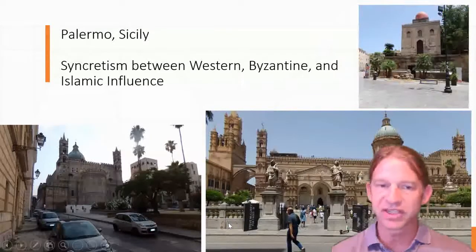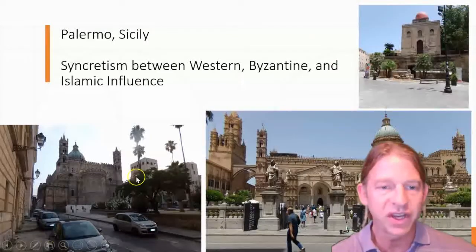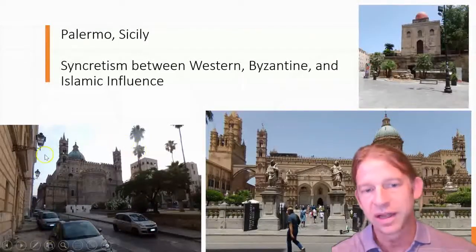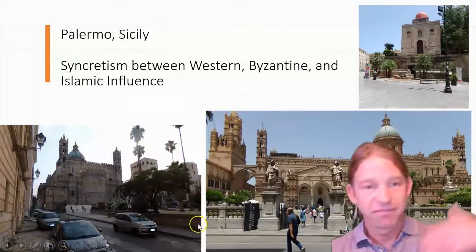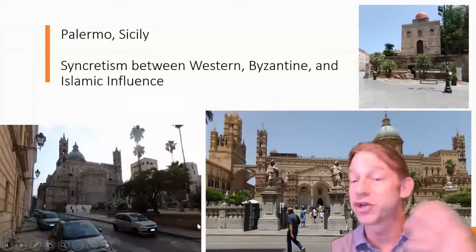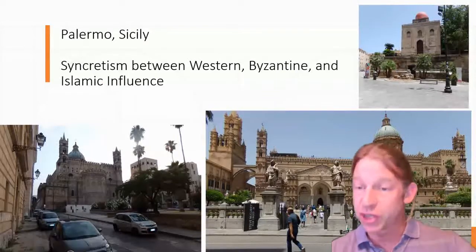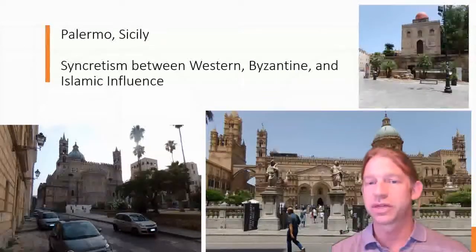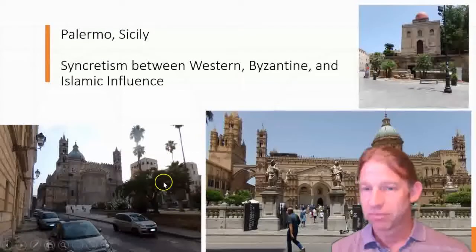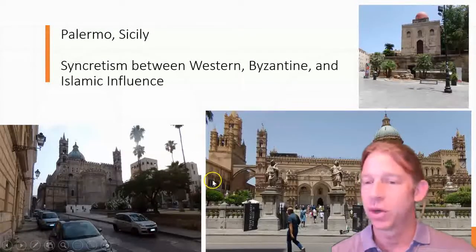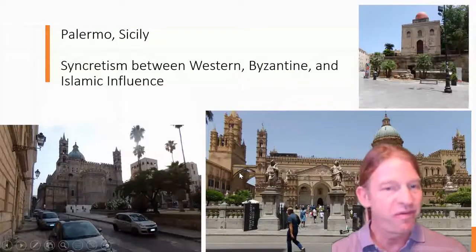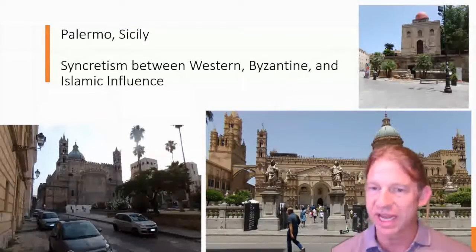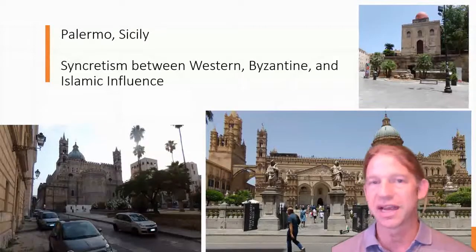It is very much in the center of the old area of the city. This is another look at this famous cathedral, which has structures and engineering and design which represent Western European influence, this Norman arch here, but also you see very much the North African influence in this as well.